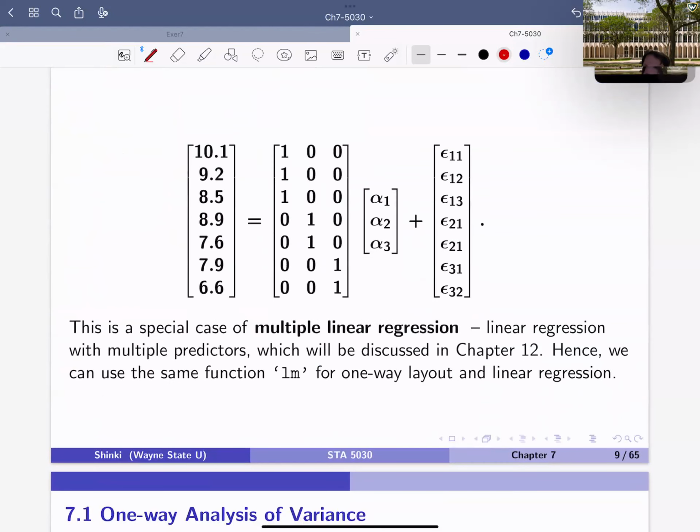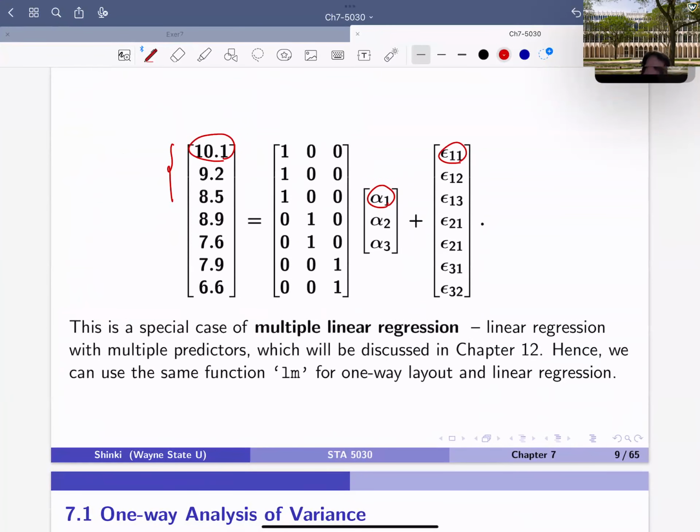And in the ANOVA model, if we use a matrix representation, the situation can be written like this. You can see that the first 3 observations are in group 1. So, for example, 10.1 should be equal to alpha 1 plus epsilon 1. If we use these matrices, then we can express this as one equation.